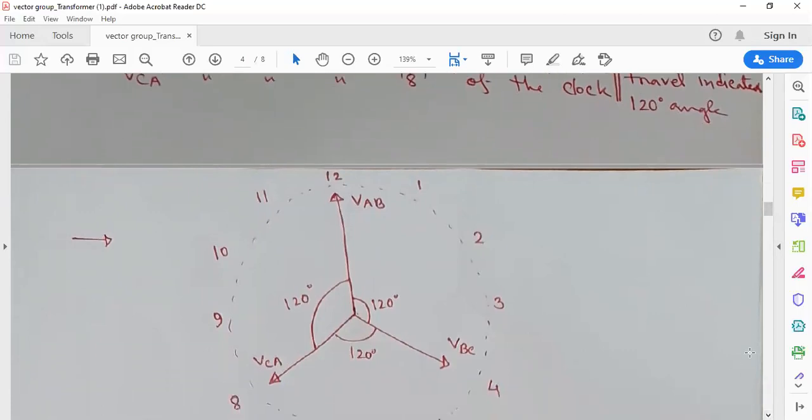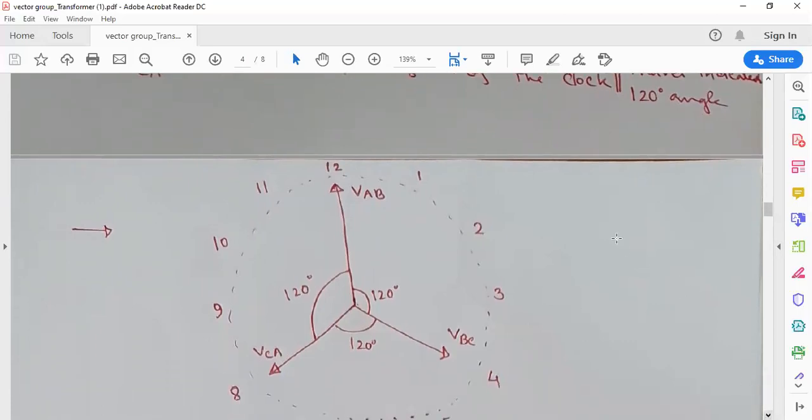See that I have indicated the clock points. We already know if we go from 12 to 4, we will travel 120 degrees. If we travel from 4 to 8, we will go 120 degrees. 8 to 12 is another 120 degrees, total 360 degrees.